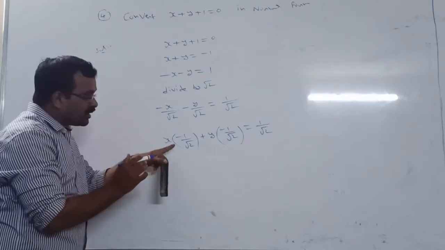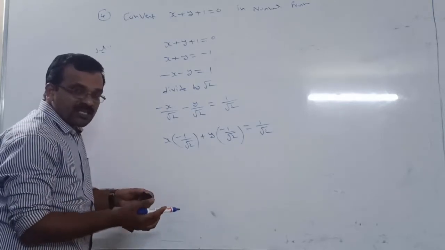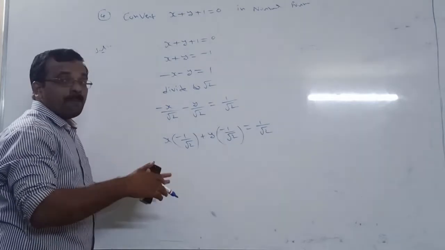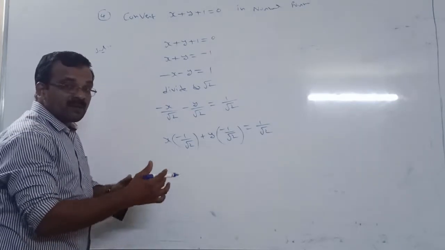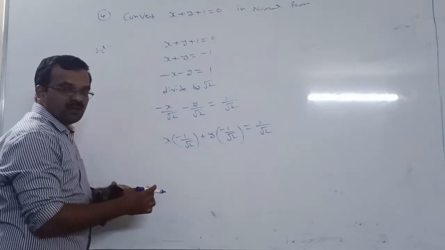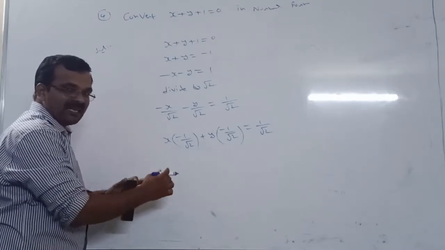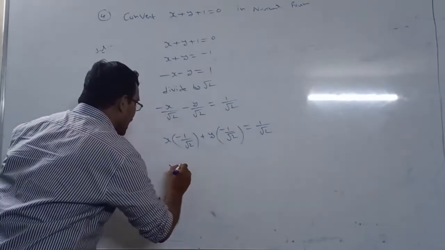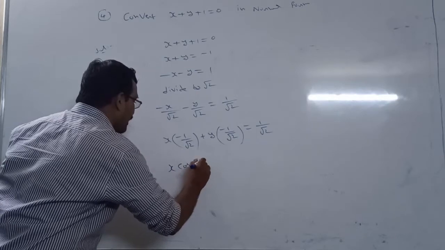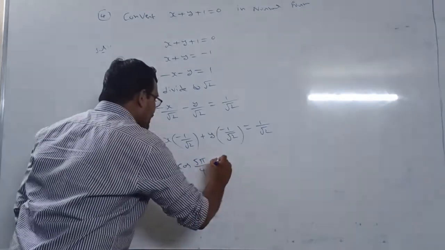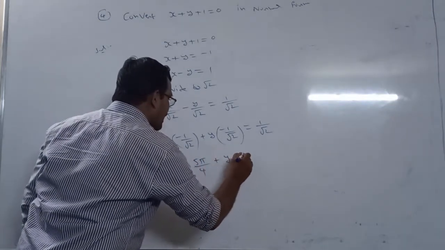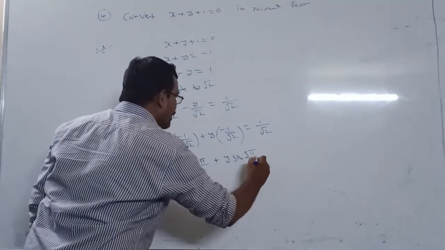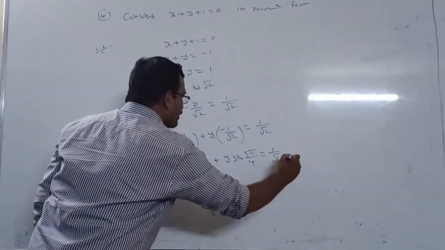Here 1 by root 2 stands for 45 degrees, so 180 plus 45 is 225. So think of the angle and write it. x cos 5 pi by 4 plus y sin 5 pi by 4 equal to 1 by root 2.